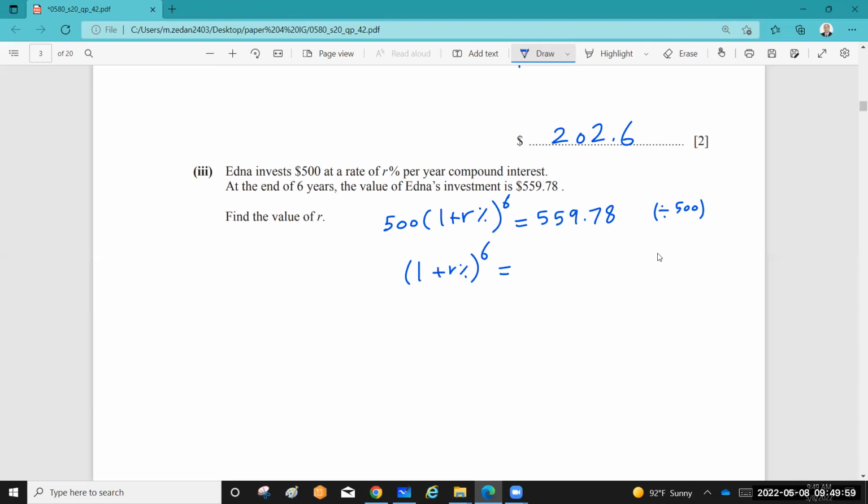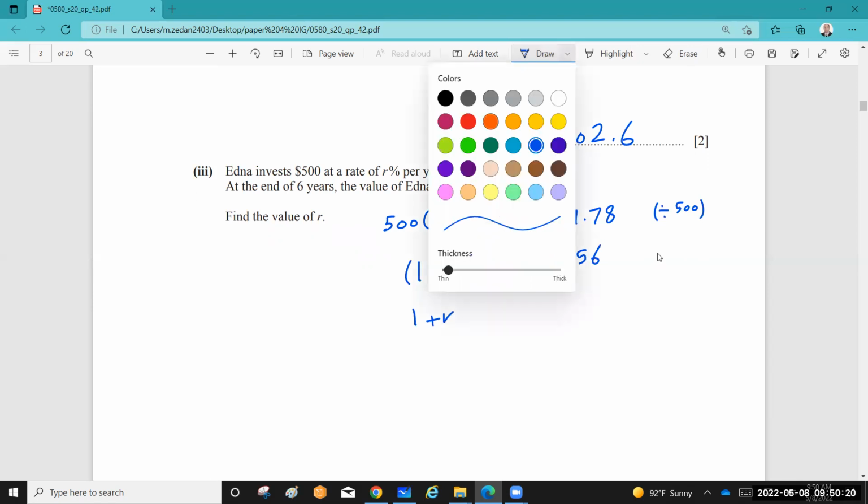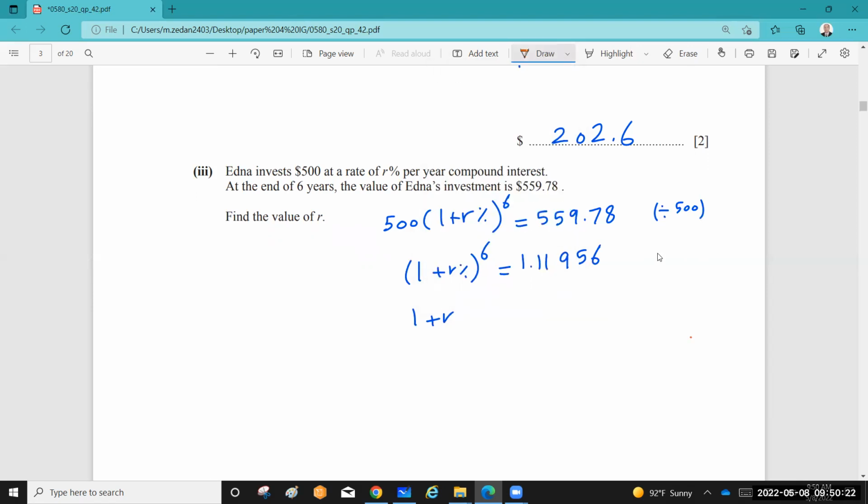Now 559.78 divided by 500, I get 1.11956. So to remove the power 6, I take the positive 6th root of each side. So 1 plus R% is equal to the 6th root of this value.